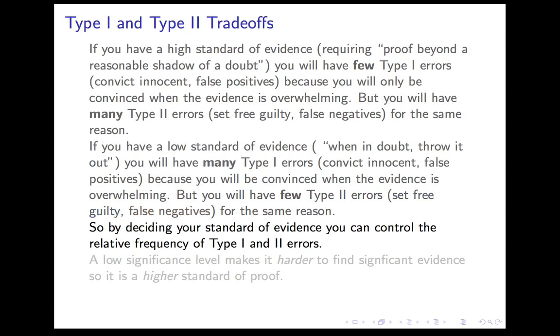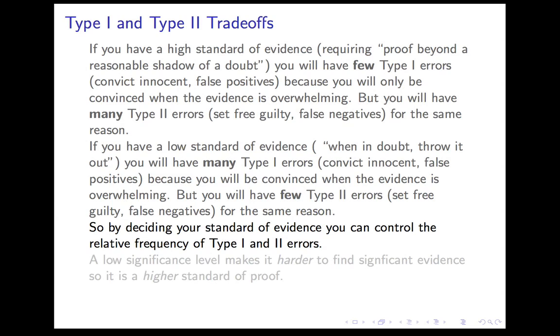So what I want you to understand here, the most fundamental thing, is that your standard of evidence, your cutoff for how convincing the evidence has to be before you believe it, is a decision about the trade-off between type 1 and type 2 errors. You can't control, in some sense, the total number of errors, but you can control how much of them are type 1 and how much of them are type 2.